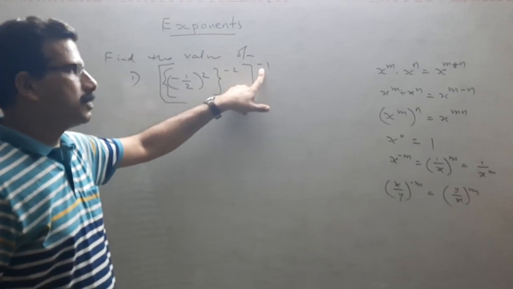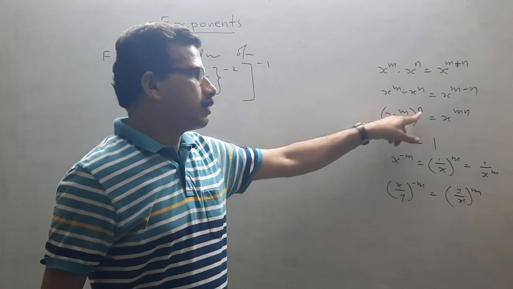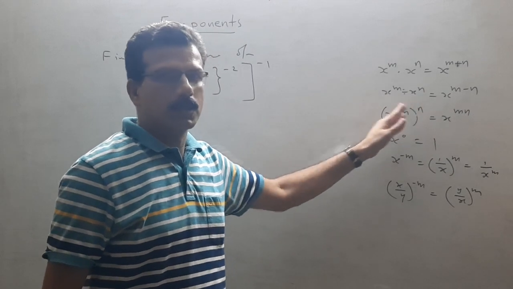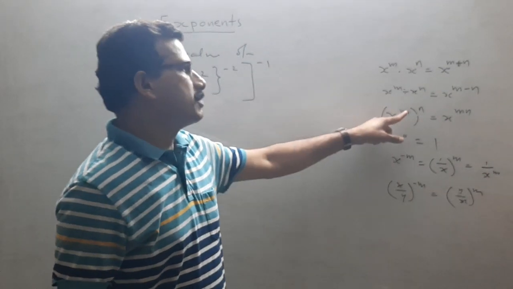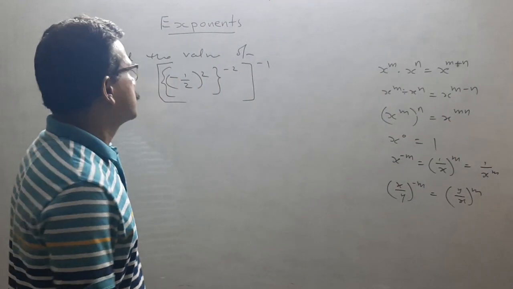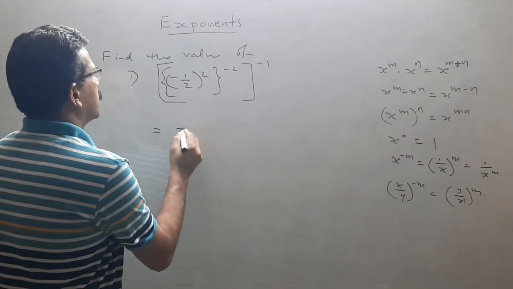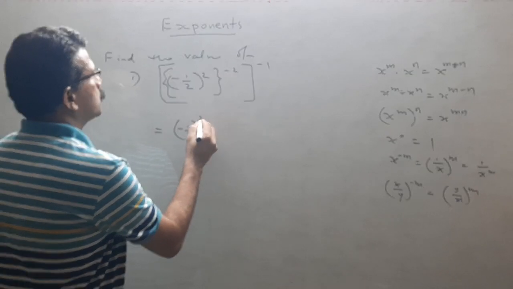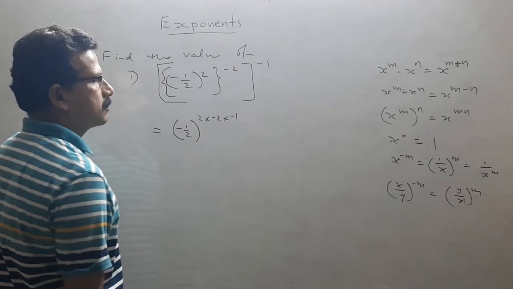So if 3 powers or 4 powers or 5 powers, anywhere the rule is powers will be multiplied, m into n. So if one more power is there, that also will be multiplied. Simply we can apply the rule: minus 1 by 2 to the power 2 into minus 2 into minus 1.